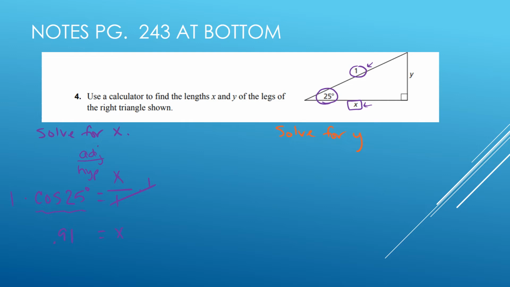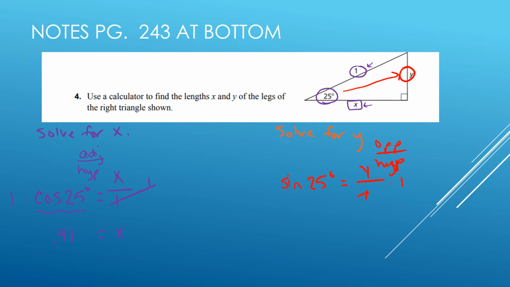All right, so for the next one, for y, we have to figure out which ratio we have. We have the opposite and the hypotenuse. Opposite over hypotenuse is sine. So we're going to set this up as sine 25 degrees equals the opposite, which is y, over the hypotenuse, which is 1.